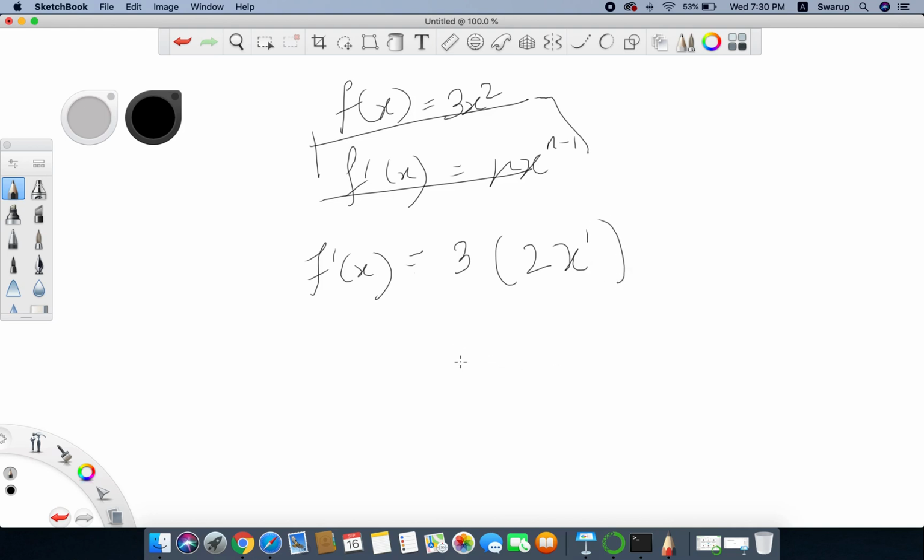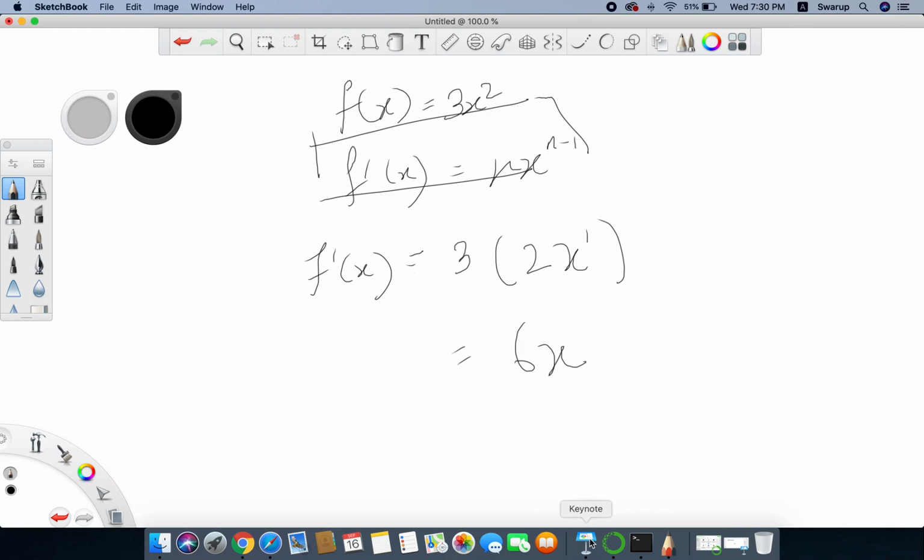So directly, 3 into 2 is 6, giving us 6x. Using the power rule, we were able to solve it in a much faster way. This is how we can find the differentiation of an equation using the power rule.